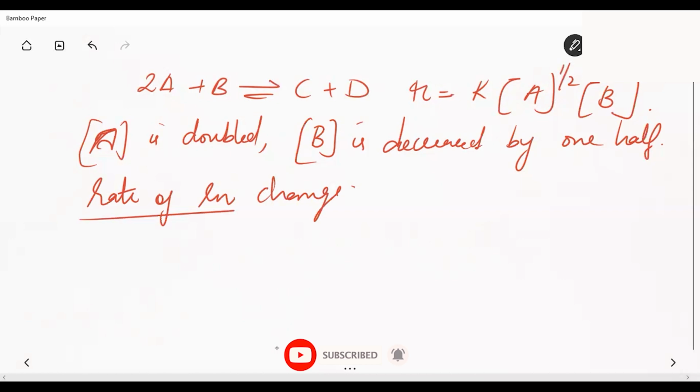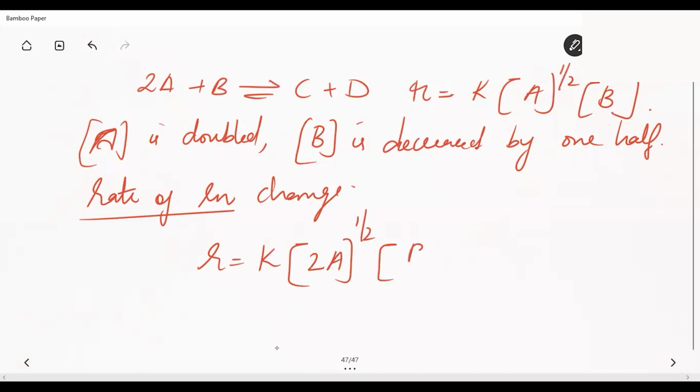So here the rate is asked, so you have to apply it in the equation. The new rate is equal to K (2A) raised to half and B is half. 2 raised to half means 1 by 2, that is root 2.